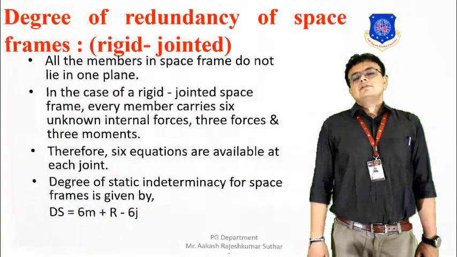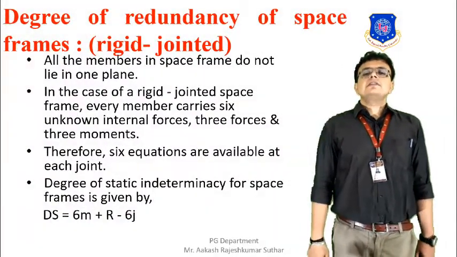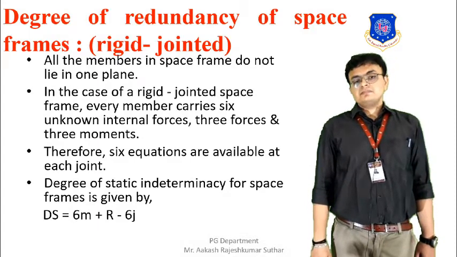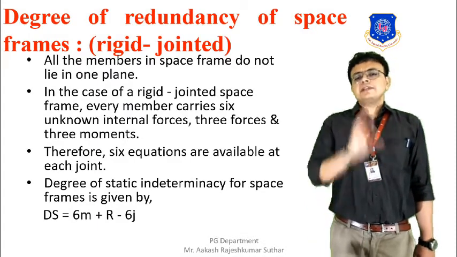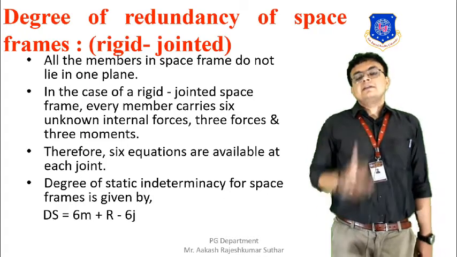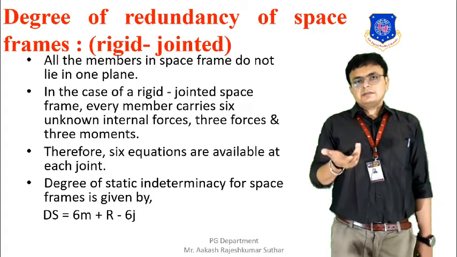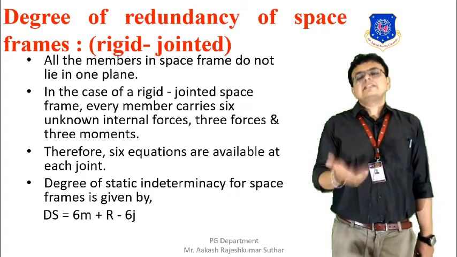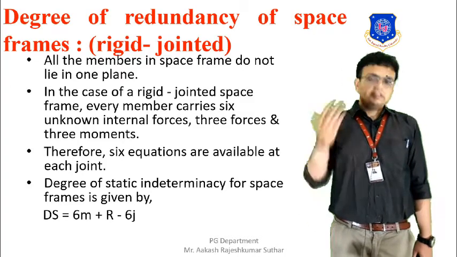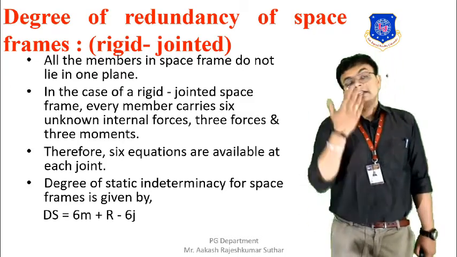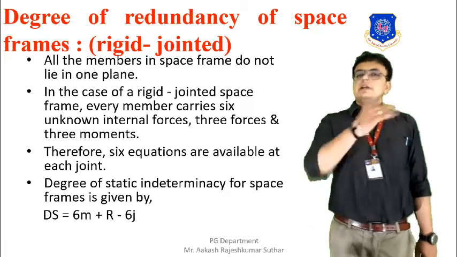Further, let's discuss the degree of redundancy for a space frame. All the members in a space frame do not lie in a single plane, because space means the members are in all directions. In the X direction there will be some members, in the Y direction also, and in the Z direction also.